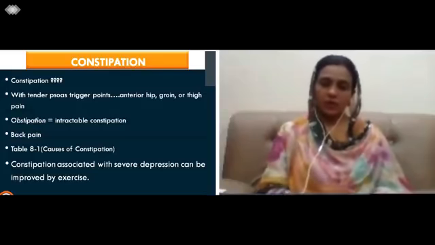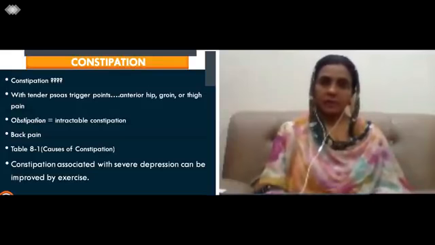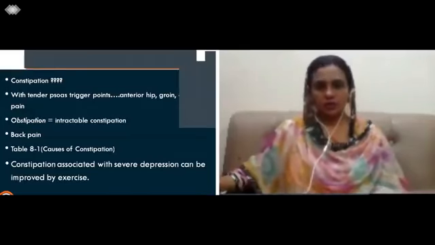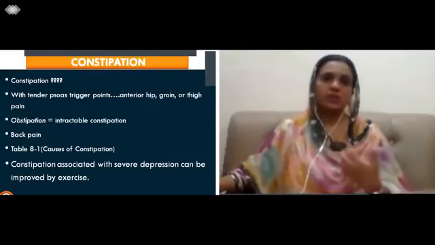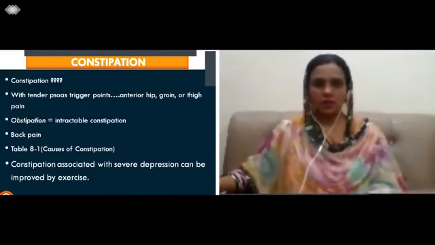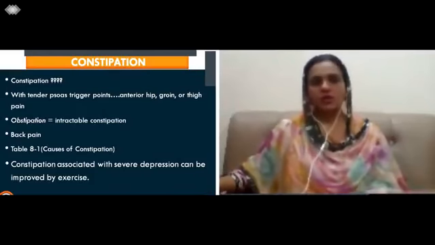Exercise not only puts positive effects on your constipation, but it is also a mood alleviator. So with exercise you can help in both situations.